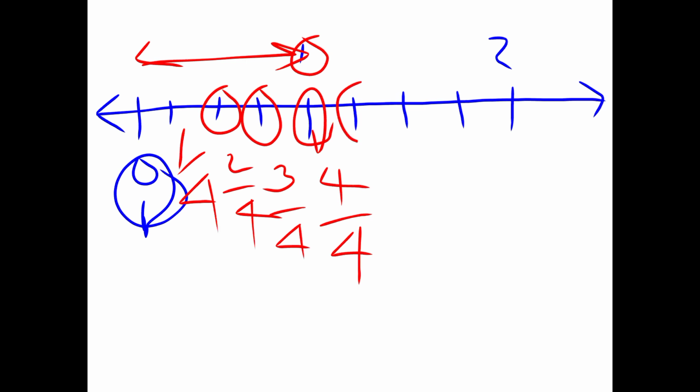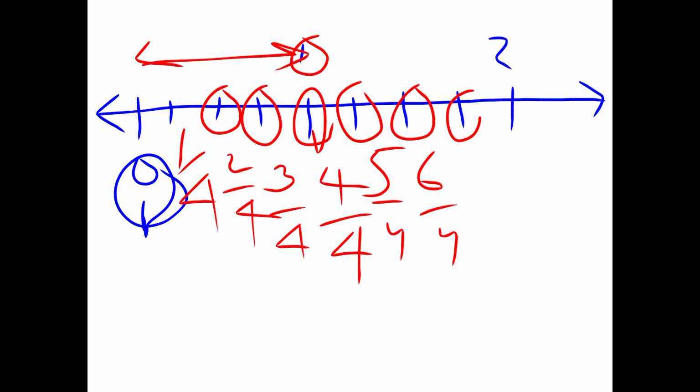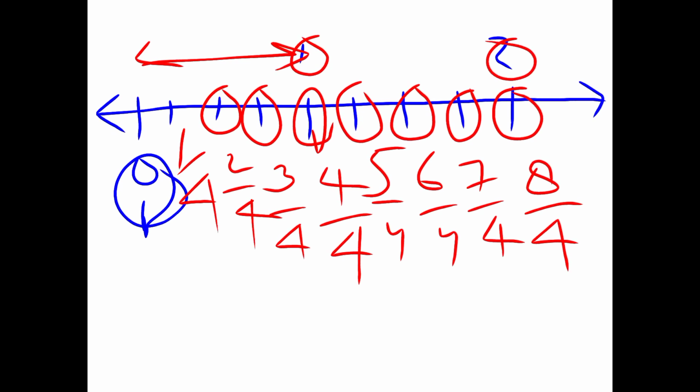And this number will be 5 by 4 and this will be 6 by 4, and this will be 7 by 4, and this will be 8 by 4, which is equal to 2. Then this is the rational number in question, the point which we have to represent.